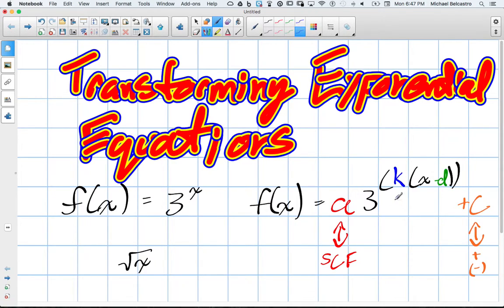Our k value is going to be horizontal stretches, compressions, and flips again, but they're a little bit the opposite. And d is going to be horizontal translations left and right. The only difference here is usually positive is to the left and negative is to the right, because the operation is a negative inside.